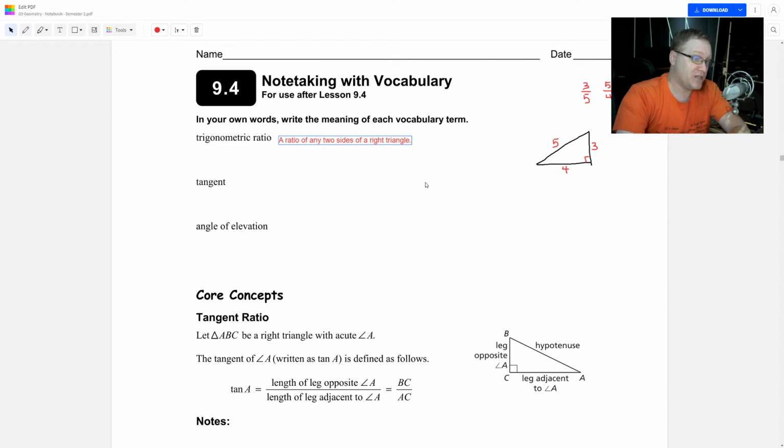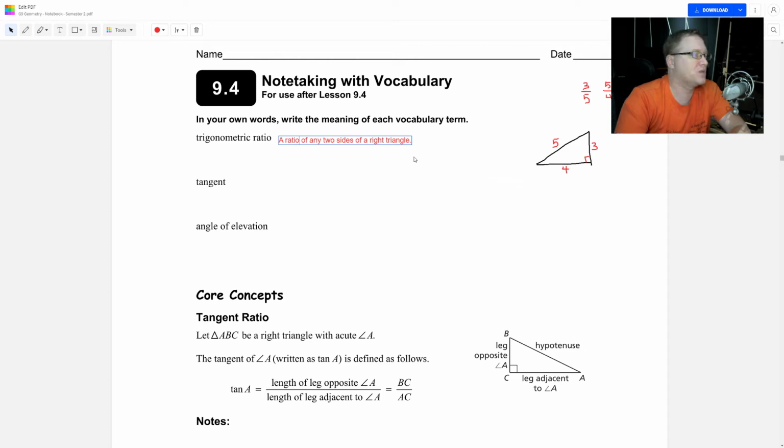The tangent ratio is the ratio of the two legs. All right. So in the triangle, of course, we know that we have two legs and a hypotenuse. Well, if we make a ratio using the two legs of the triangle, then it is a tangent ratio.